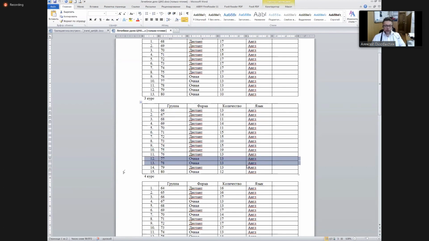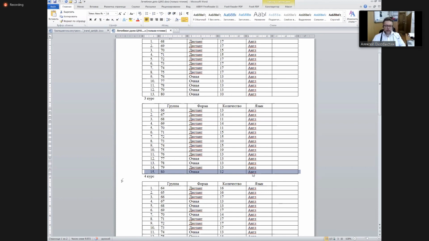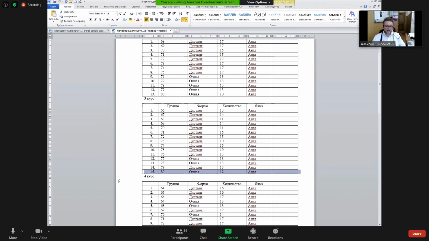Очное means in person. That is for the 77th group, 78 and 80. No idea where to. If I find it out, I'll try to type that in my Google Class and share that information. But most likely it should be Tarev's clinics.